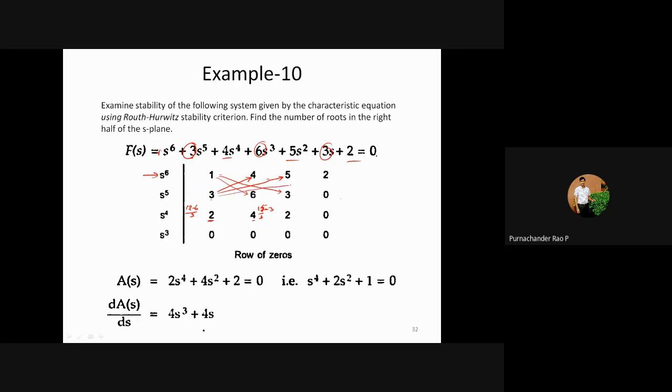Then here 3 into 2, 6 minus 0, 6 by 3, so 2. So the row is 2, 4, 2, 0.